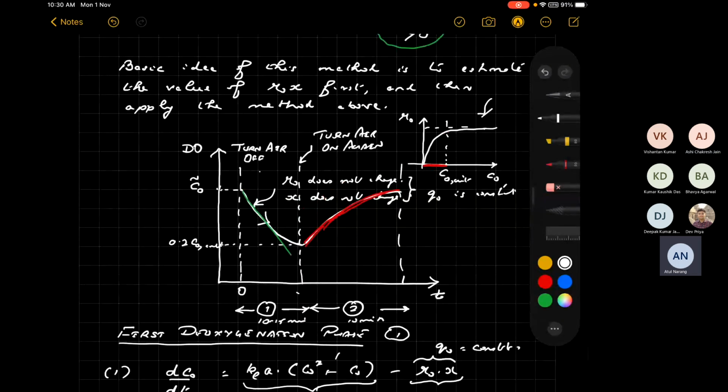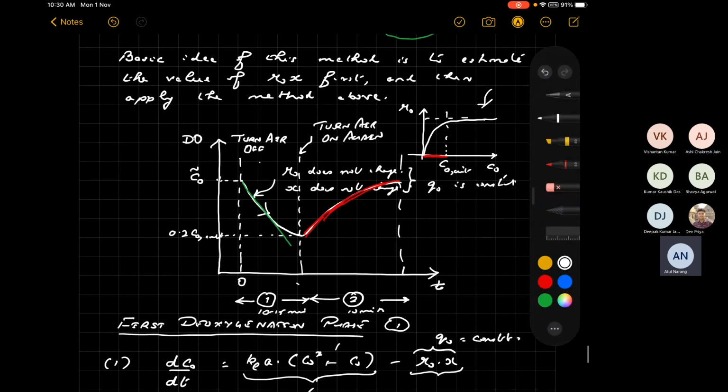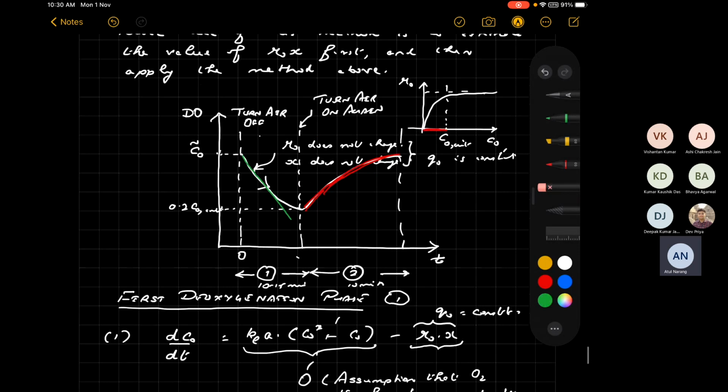Let me show it to you on this graph here. Take a look at this graph, RO versus CO. Let's take the green color. Basically, what is going to happen is, let's say, erase this. So first of all, what are we doing?